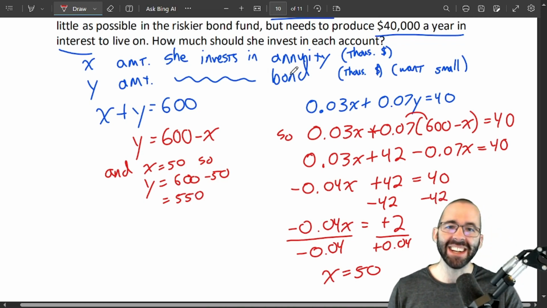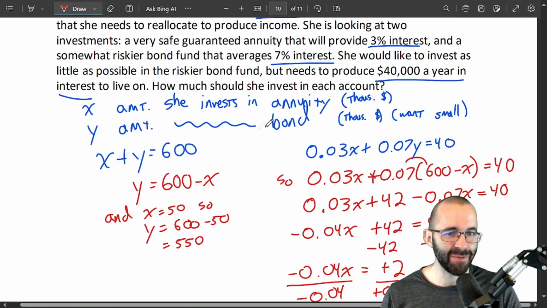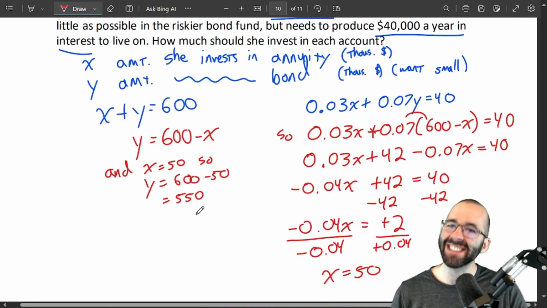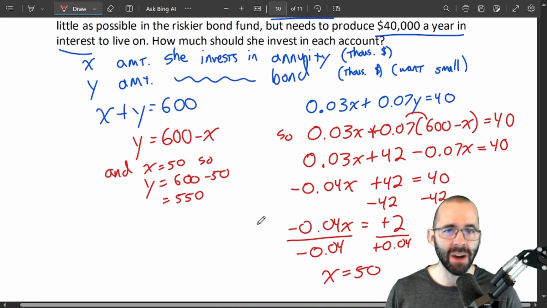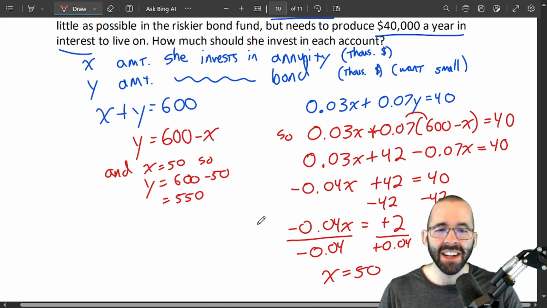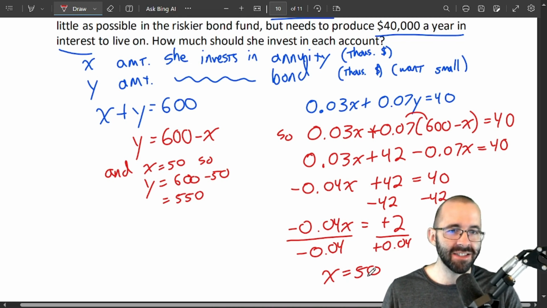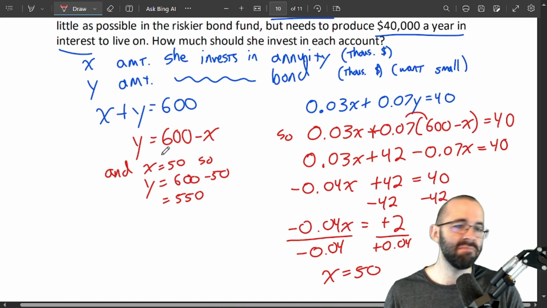She doesn't want to invest a lot in the risky bond fund, but we're telling her she might have to. So I'm going to check my answer before I write it all out. I'm feeling a little nervous. Okay. So if we invest $50,000 in the annuity and $550,000 in the bond fund, yep, we're investing $600,000 total.